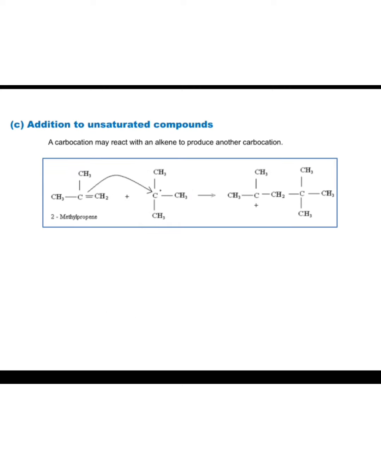And the next reaction is that a carbocation undergoes addition reaction with unsaturated compounds to form a bigger carbocation which has higher molecular weight. So here 2-methylpropene reacts with the tertiary butyl carbocation to form a new carbocation.